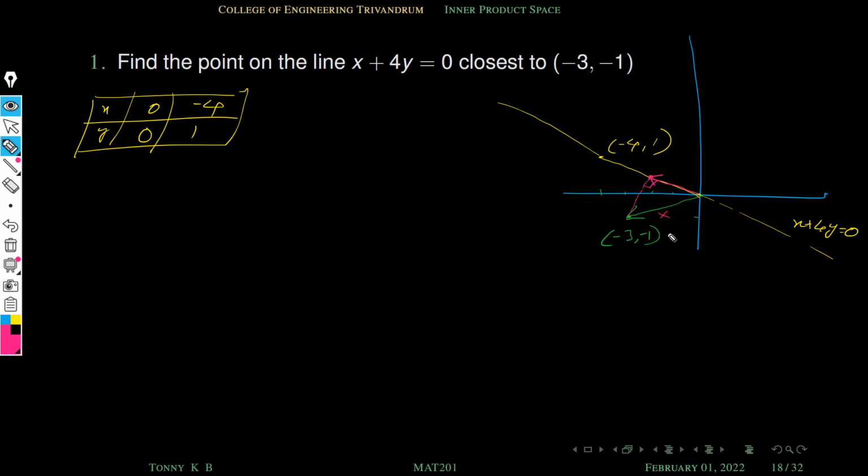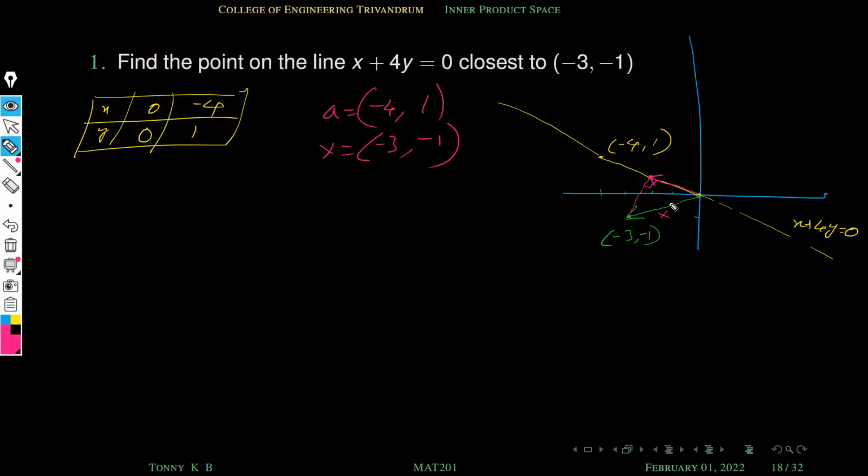So we can take it as x, projection of x in the direction of A. So we have to choose a vector A in this direction, a vector from the straight line. That is very easy because we already know a point from the straight line, minus 4, 1. So we can choose our vector A as minus 4, 1. And what about x? x is equal to minus 3, minus 1.